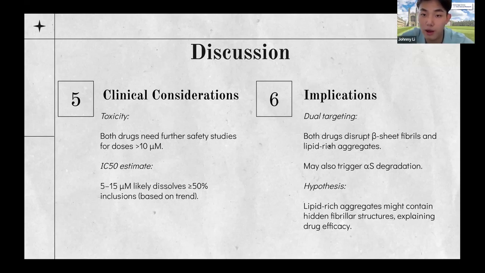First, these compounds could serve as starting points for alpha-synuclein targeting therapies, and second, their dual nature prevents inclusion formation and reduces total alpha-synuclein. So this could be especially beneficial in diseases where both lipid-rich and fibrillar forms of alpha-synuclein coexist. However, more mechanistic studies are needed to identify exact modes of action.